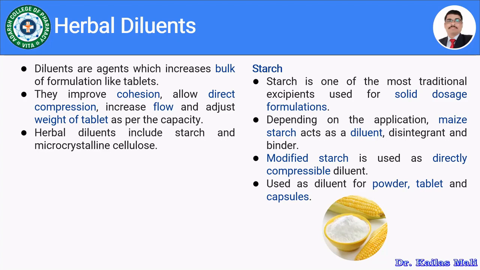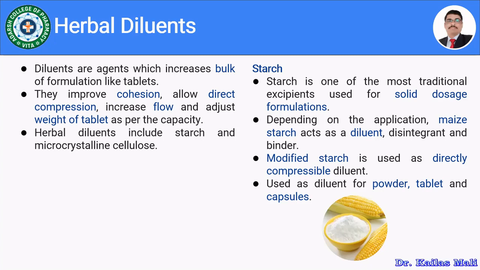The very first one is starch. Mainly we are using the maize starch. Starch is one of the most traditional excipients used for solid formulations like tablets, powders, and capsules. Depending on the applications, the maize starch acts as a diluent, disintegrant, and binder. Starch has a capacity to act as a diluent. It acts as a disintegrant by capillary action, and it disintegrates the tablet.